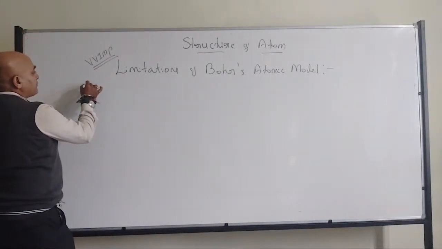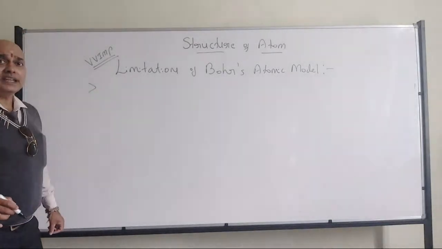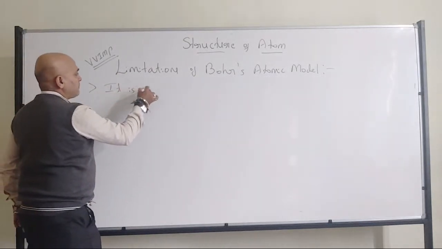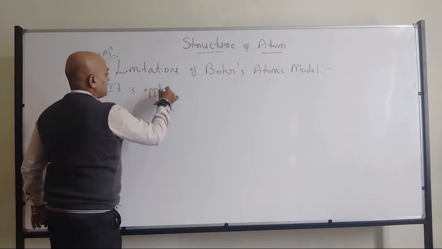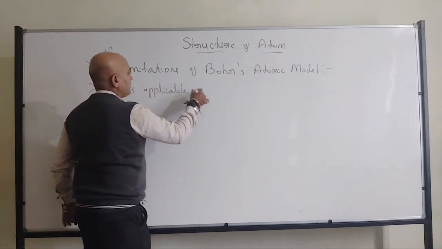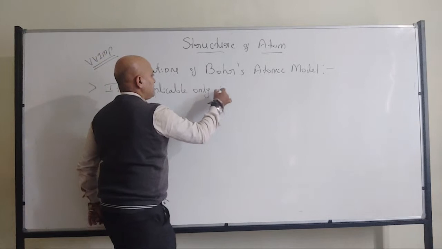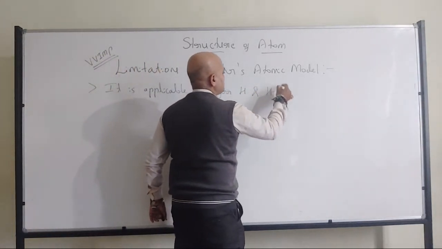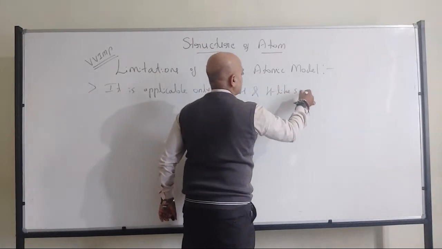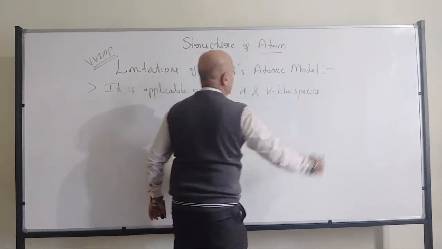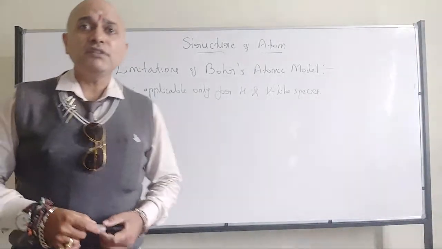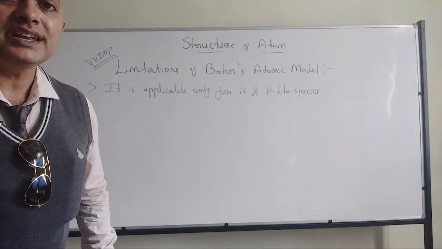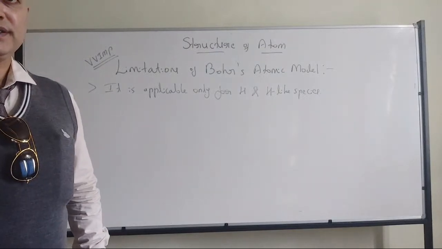Okay. Now, first one. It is applicable only for hydrogen and hydrogen-like species. That is the limitation. Because whatever Bohr's atomic model is there, it is applicable for hydrogen and hydrogen-like species.